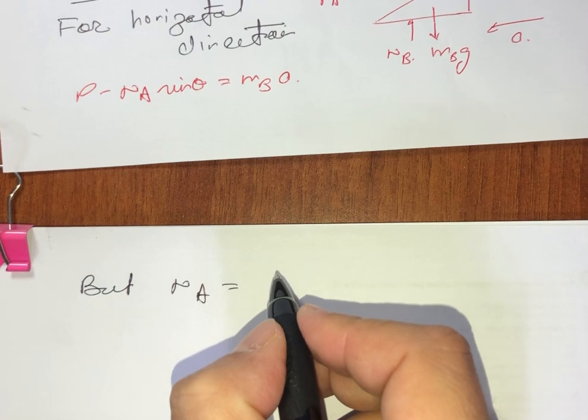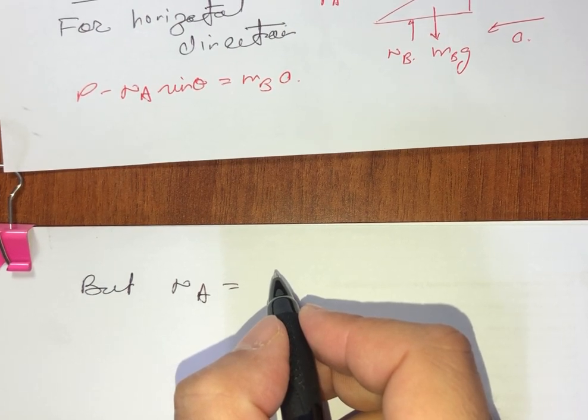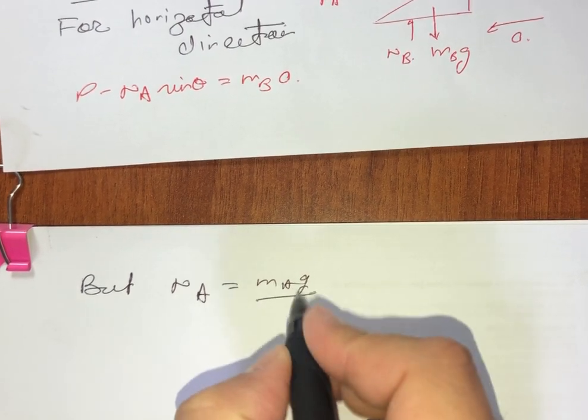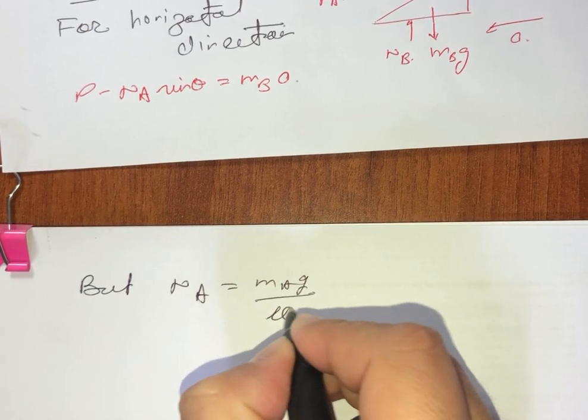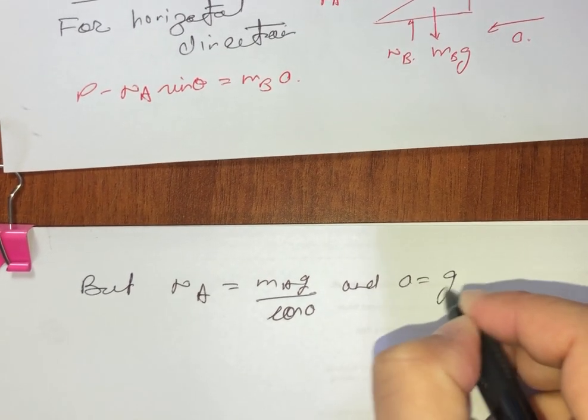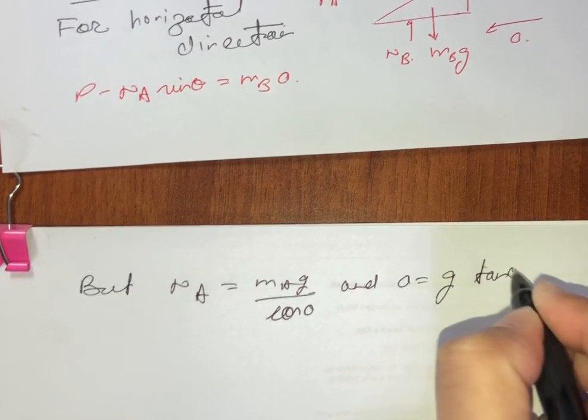NA is equal to MAG divided by cos of theta, and A is equal to G tangent of theta.